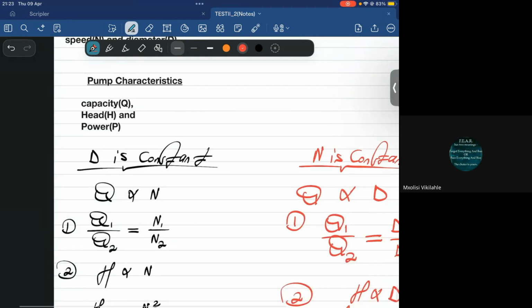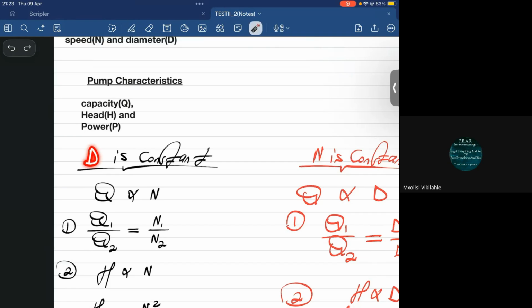So, this is diameter and is in meters. This is the capacity, or the volumetric flow rate, in cubic meters per second. N is the impeller speed, measured in revolutions per minute.